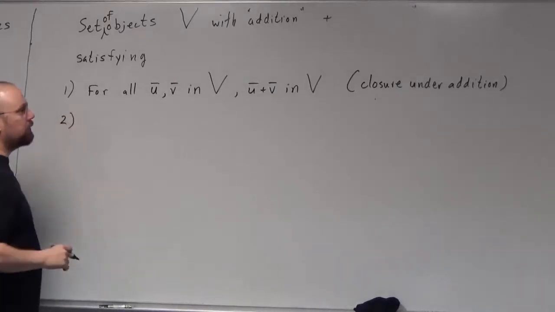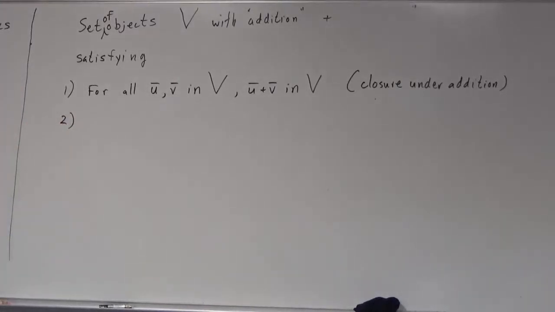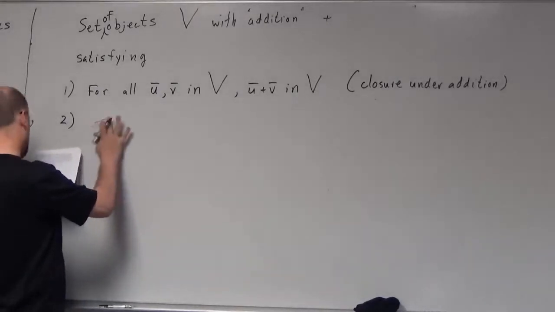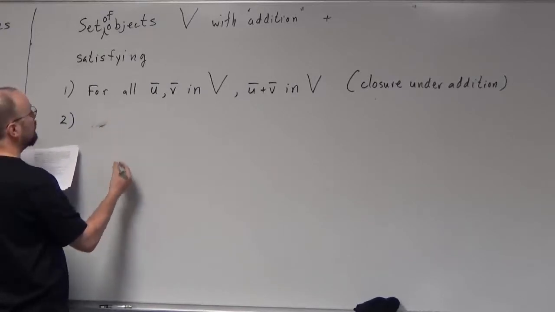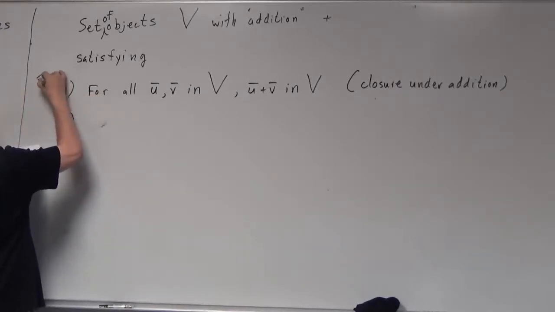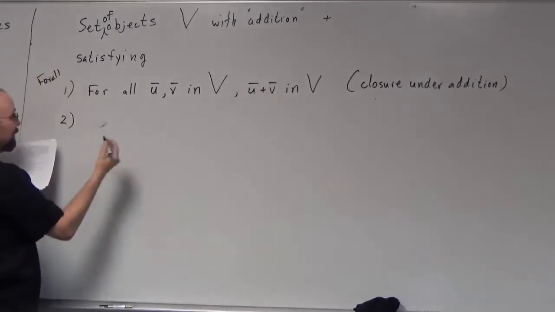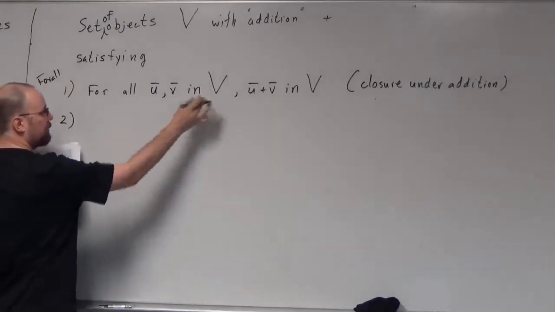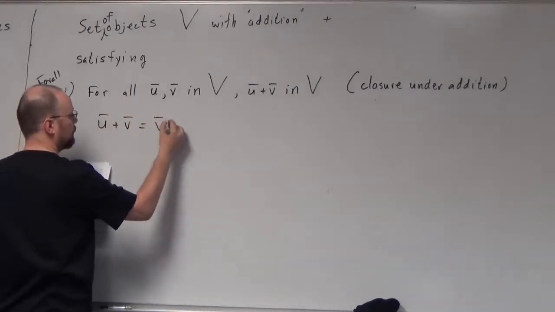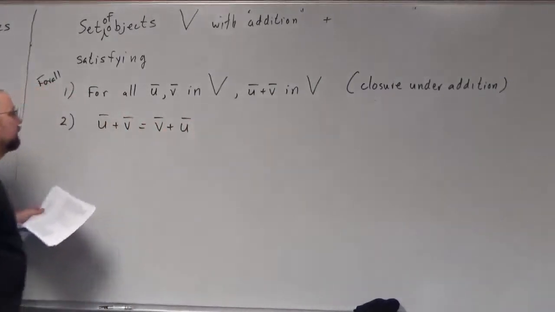Two, and I'm going to make sure I list these in the order that the book does, we have commutativity. For all objects in our set, u plus v is v plus u. So that's commutativity.